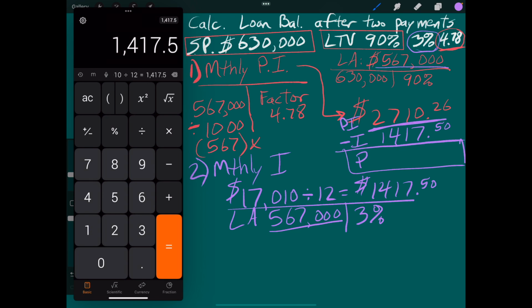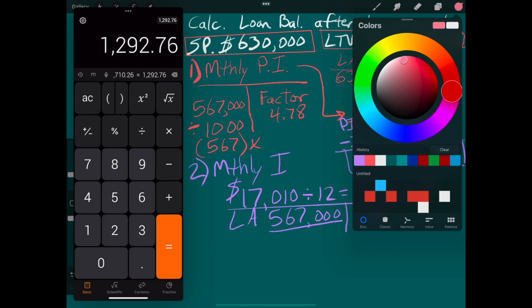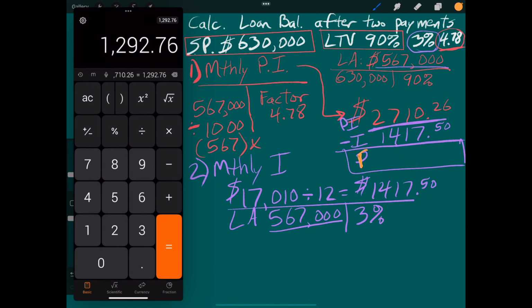When we subtract that $1,400 and some change from the $2,710, that shows us that our principal, let's make it a different color, our principal, the amount of money from our monthly payment that's going toward paying down our principal, is this number, $1,292.76.